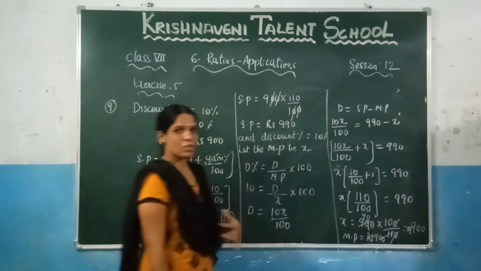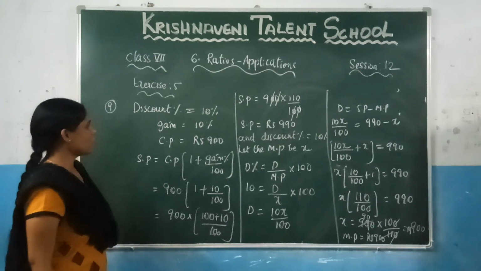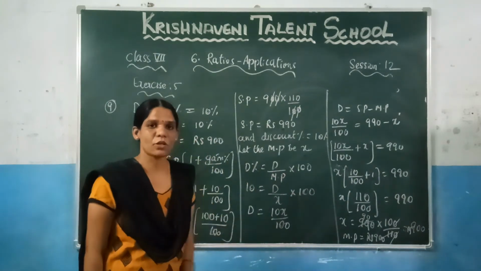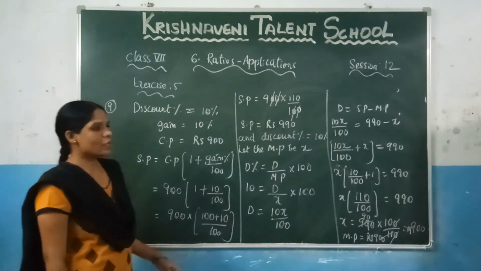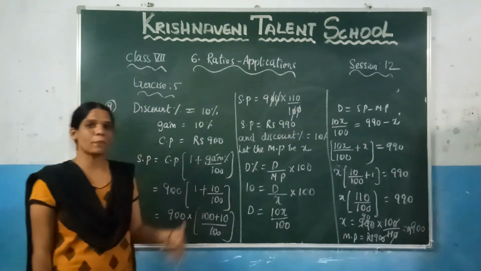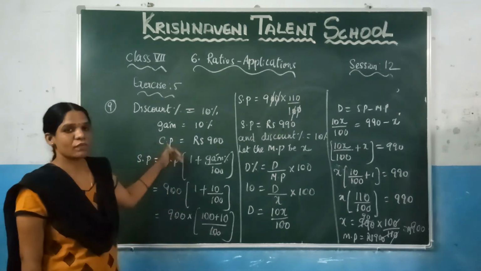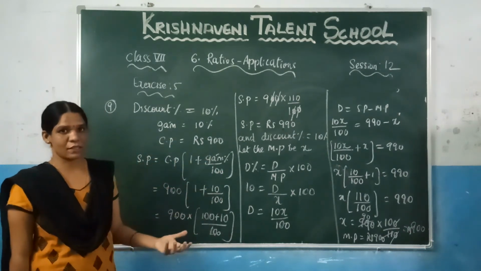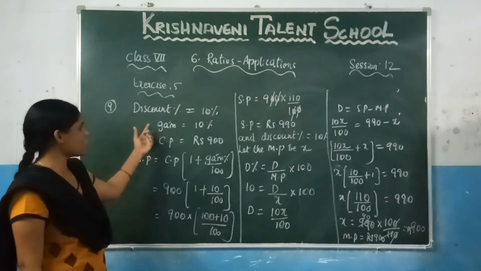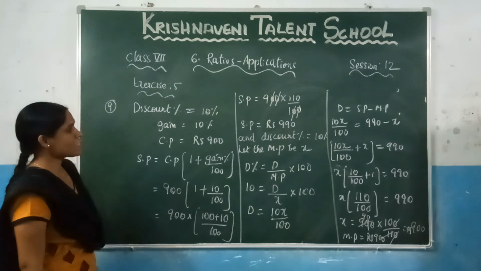So this is the question. Let us see once again what they have given here. They have given the discount percentage. That means after giving a discount of 10%, he got a profit of 10%, right? And they have given the cost price, which is 900. Since we know the cost price and the gain, you can calculate the selling price. So what is the selling price?